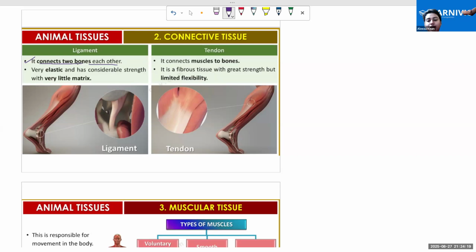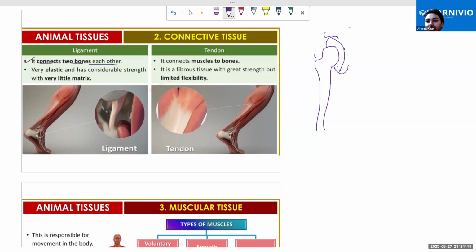So whenever you have a joint, let's say the shoulder joint, and these are the two articulating surfaces. In the joint, they all are connected by ligaments. They have ligaments around it.